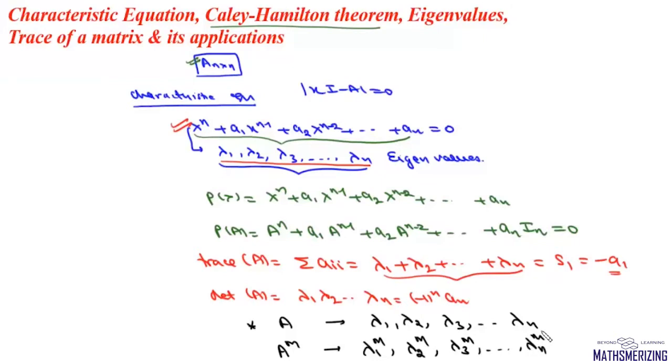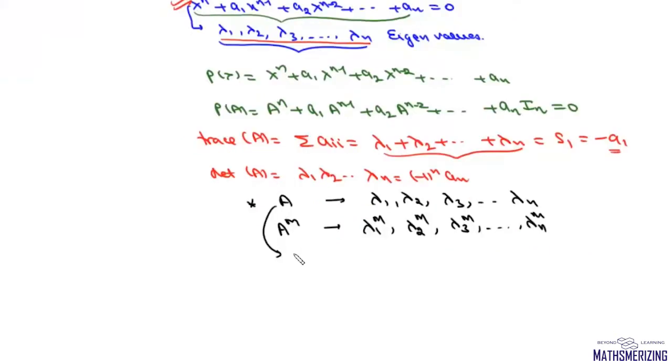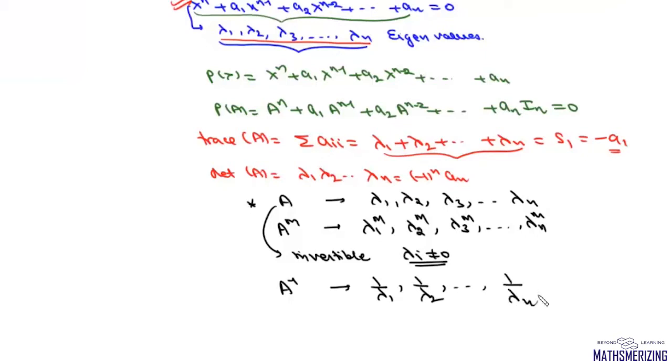And also if this matrix A is invertible, that is, none of the eigenvalues must be 0, then in that case the eigenvalues of A inverse will be 1 upon lambda 1, 1 upon lambda 2 and 1 upon lambda n. So we use these fundamentals to solve problems on the trace of a matrix.